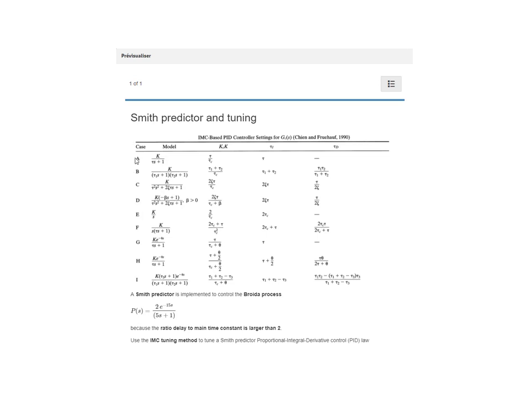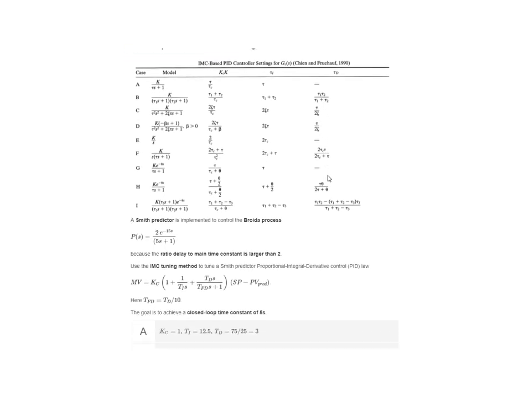So we have to look here at the first row in the IMC tuning table, right? And we know that the desired closed loop time constant is 5 seconds, and also the open loop time constant is 5 seconds. So this ratio over here is 1, but Kc is this ratio divided by the gain of the process.